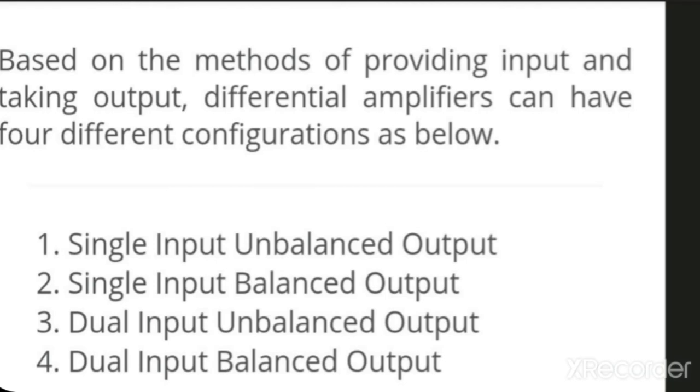These four configurations have been defined by the number of input signals used and the way an output voltage is measured. If we use one input signal and measure output voltage at one of the collectors with respect to ground, the configuration is called single input unbalanced output.